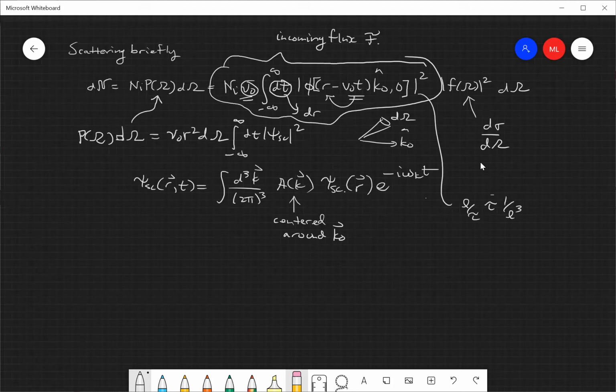So you have overall units of 1 over length squared, and so this thing has to have units of L squared to make sure that the final result is unitless. So it has the right units of area. That's one way you can check that things are working out properly.